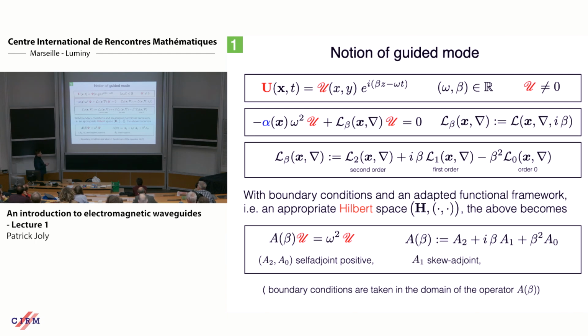The operator A1 will be skew-adjoint, and it becomes self-adjoint because of the i here. So A of beta itself is self-adjoint for real beta. And A0 is bounded because the operator L0 is of order zero. It is a general structure, I would say.